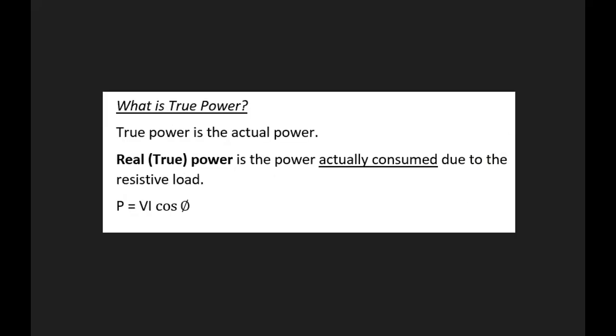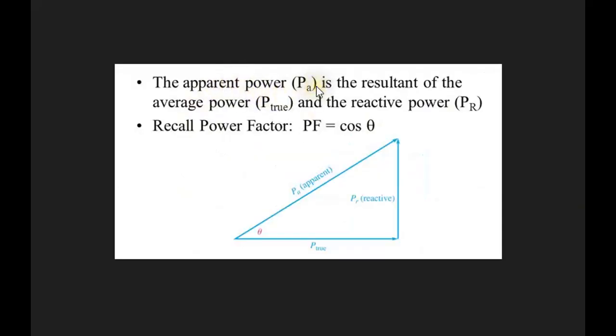What is true power? True power is the actual power, also known as the real power. True power involves using cos theta, so the formula is power is equal to VI cos theta. The true power is the power actually consumed due to the resistive load, which is the load on the end. Apparent power is the resultant of the triangle: the true power and the reactive power.